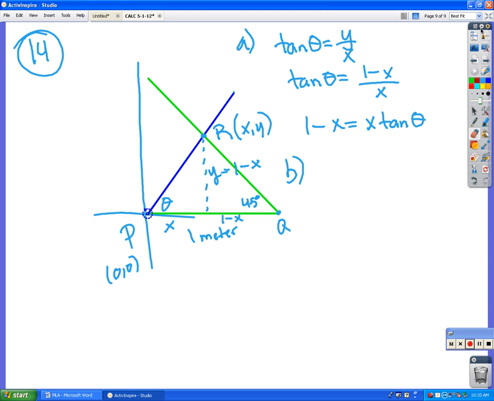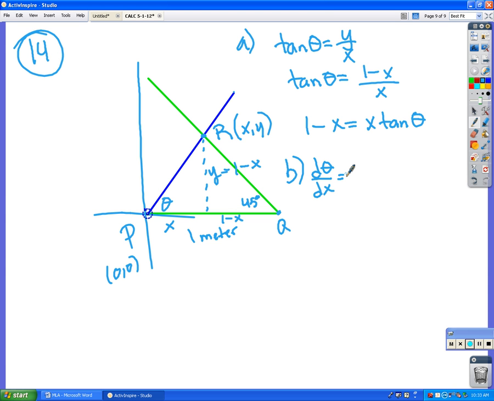So we need d theta dx. Let's take the derivative and figure out what d theta dx is. So x is our independent variable. The derivative of 1 is 0.